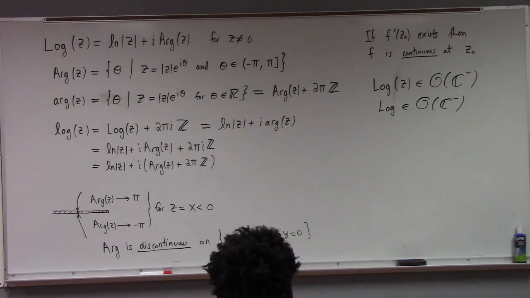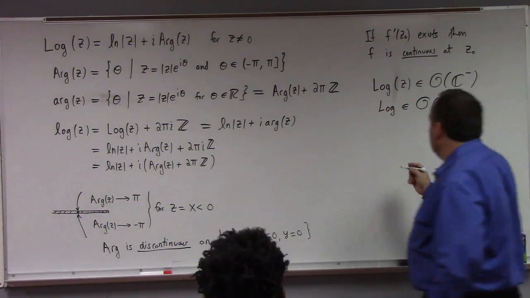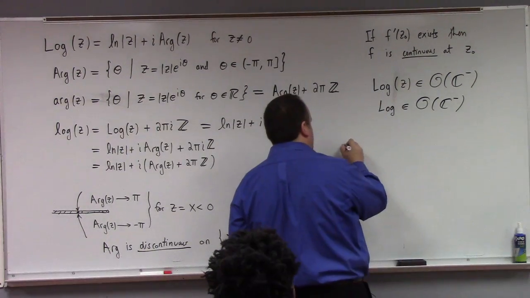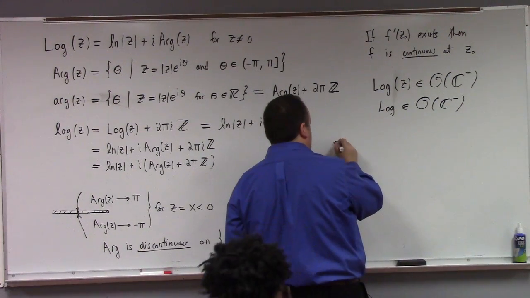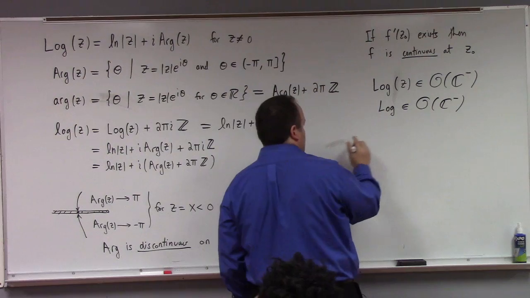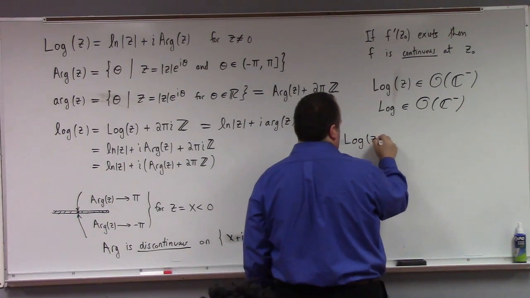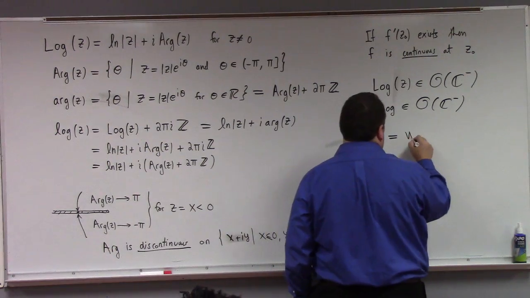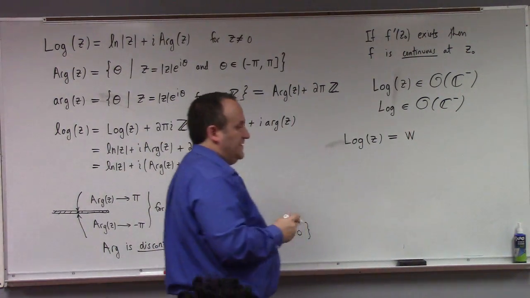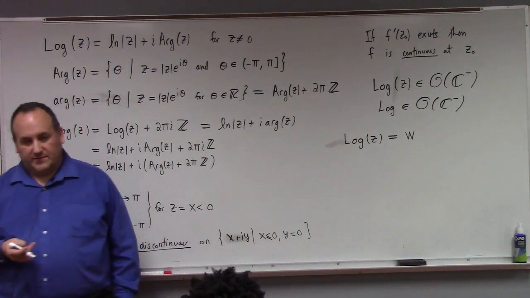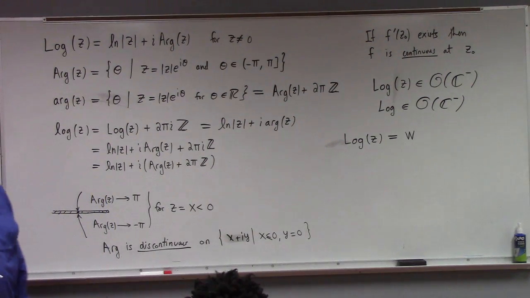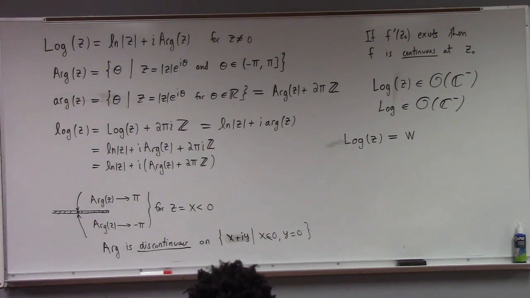Okay, so what is the derivative of the log here? How do we figure that out? Let's say we let log of z equal w. Let's calculate the derivative of the log. So log of z is equal to w.